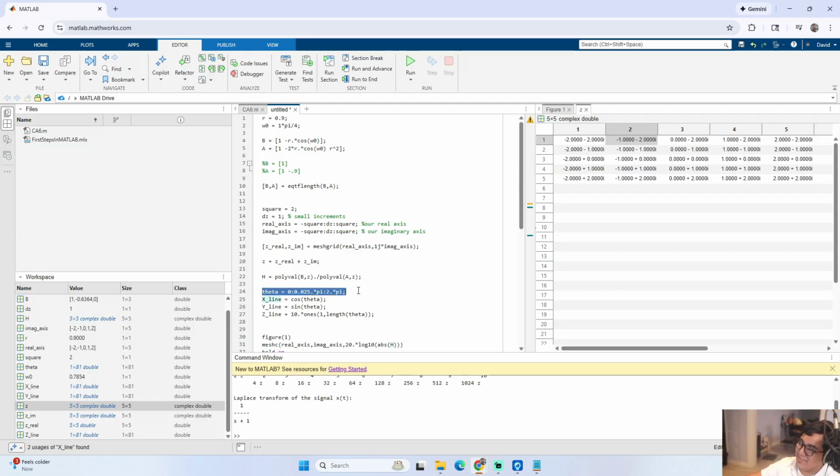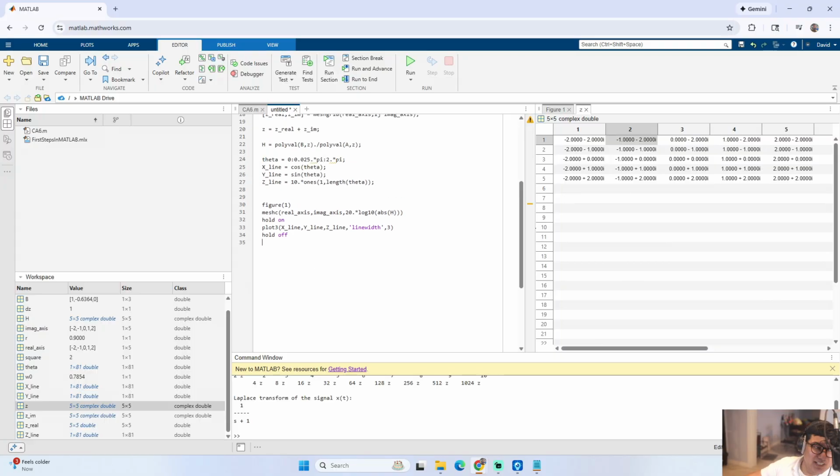So this theta right here, I try to draw a circle, okay? The precision, I don't think it mattered there, but this precision matters for the Fourier transform, which is right here. Let me show you. Okay, we got this there. So here's our Fourier transform, but let me see.